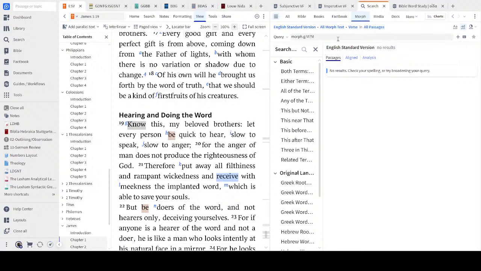So as I thought, in the non-indicative, the imperfect tense only occurs in indicative verbs. The imperfect tense only shows up in indicative verbs. So let's unclick that.